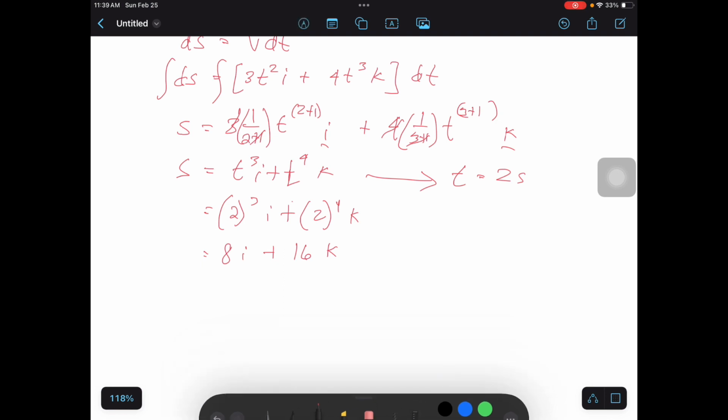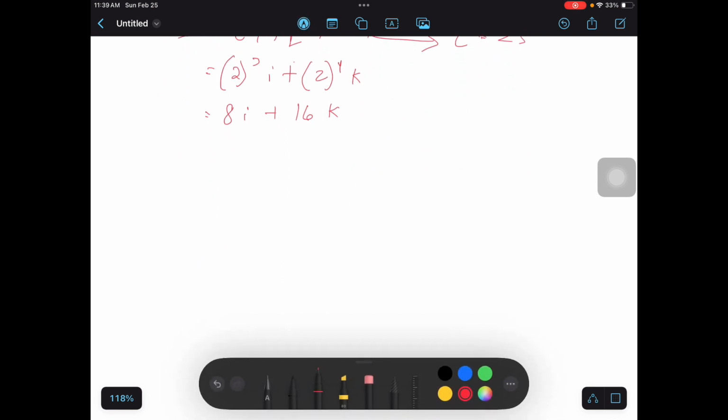So, what does this mean? Sabi ko nga, xyz yan. S along x-axis is 8 feet. Displacement along y-axis is wala. Displacement along z-axis is 16. This is x. This is z. Wala tayong j, means 0. Kaya ito yan. So, ito yung mga displacements.